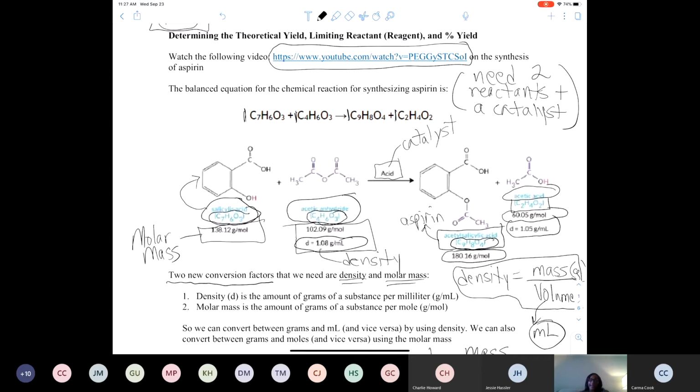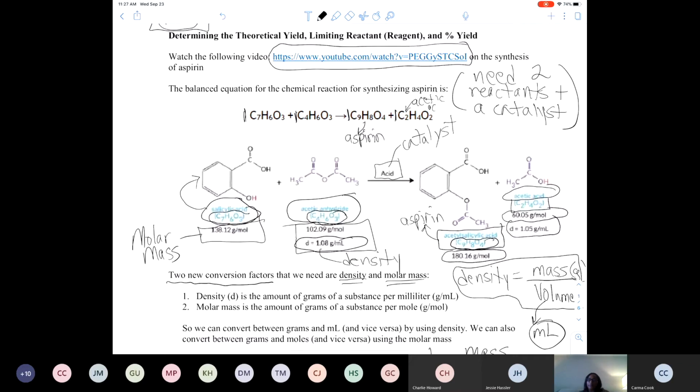So what this is saying is that for every 1 mole of salicylic acid and 1 mole of acetic anhydride that we react together, we're going to produce 1 mole of our aspirin and 1 mole of acetic acid.